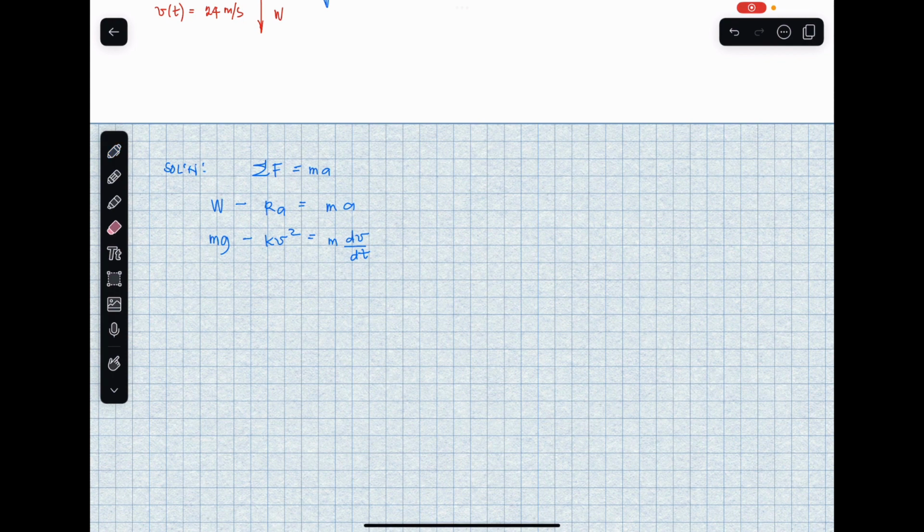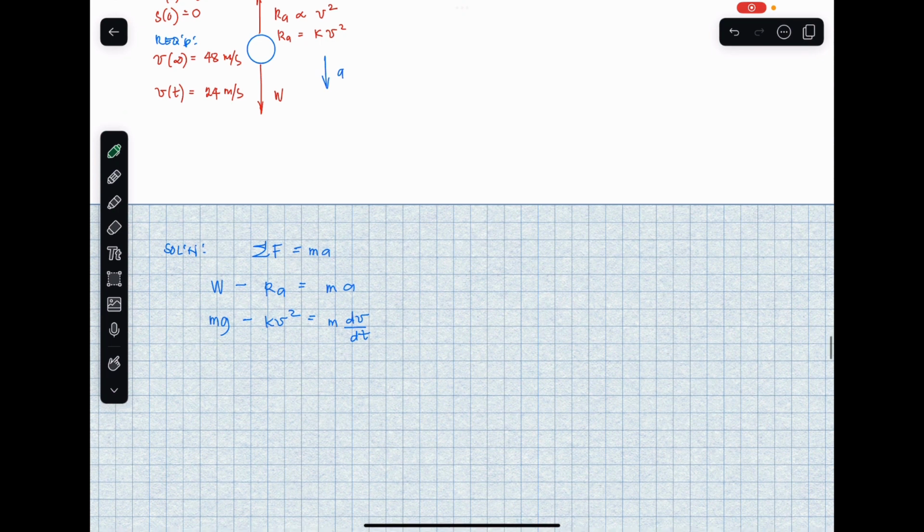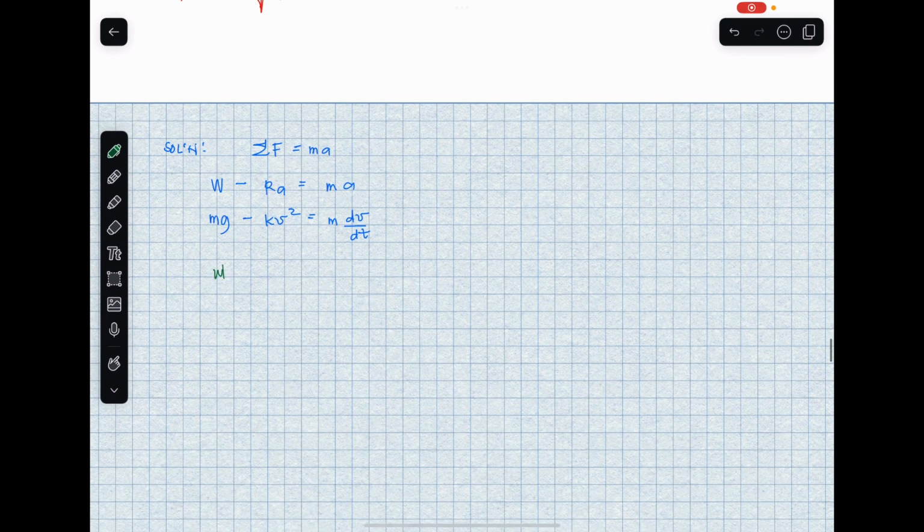We need to find the proportionality constant k, and we can do that using the idea of limiting velocity. When the velocity is 48, acceleration dv over dt is 0.